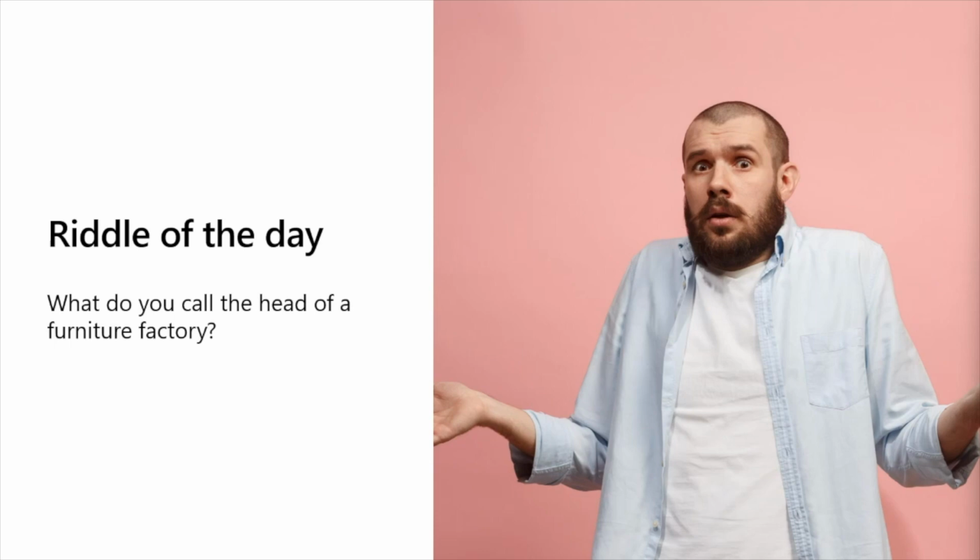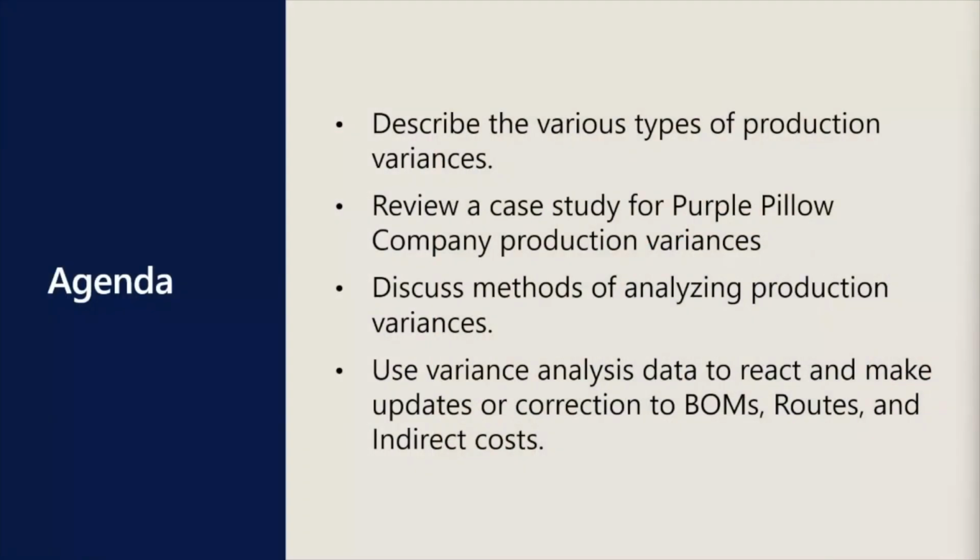So let's take a quick look at the agenda for today's Tech Talk. We're going to start out by describing the various types of production variances, along with examples and sources. And then we're going to take a look at a case study for the Purple Pillow Company with examples of each type of production variance.